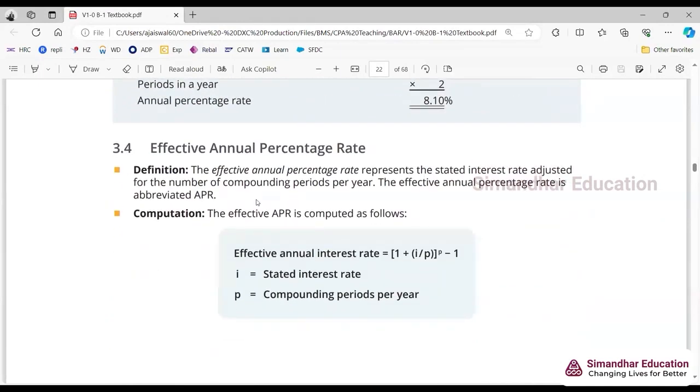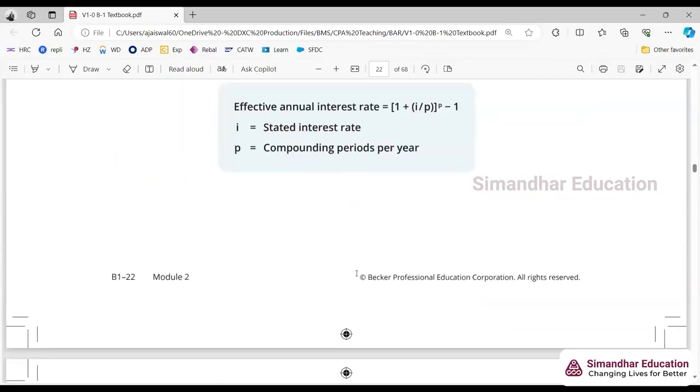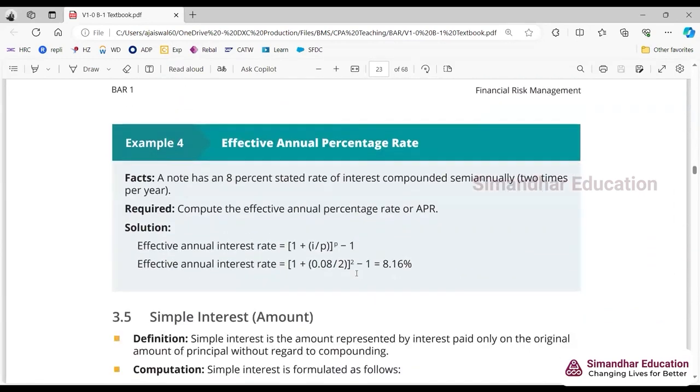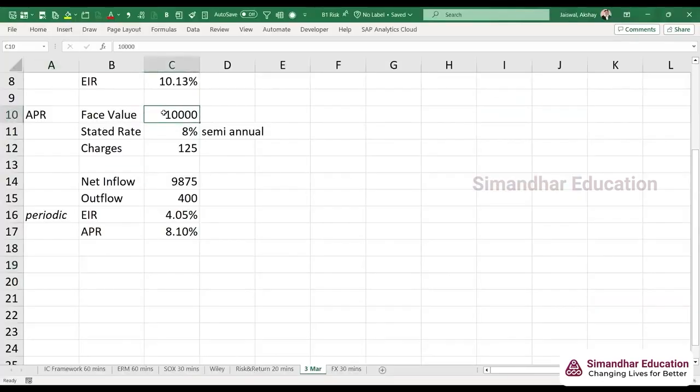Now this is where things become a little bit tricky: the effective annual percentage rate, because here we are going to use powers and all those complicated things. I will not go into the formula, I will go to the question directly. Same question: face value is given, stated rate is given, and let's not say charges. Let's go to EAR. Let's say the stated rate is 8%, semi-annual.